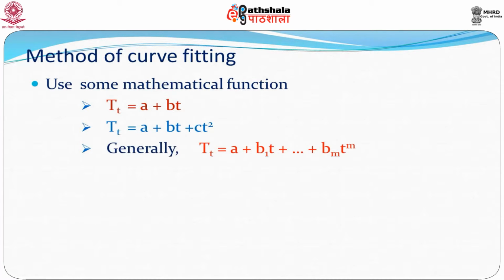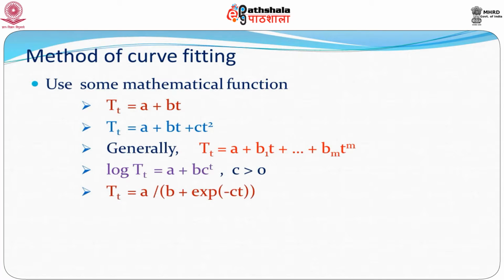To generalize this, we can have a trend which is an mth degree polynomial. So, the first two are special cases with m equal to 1 and m equal to 2. As opposed to this, we can have an exponential or a modified exponential trend curve. We can have a logistic trend curve. So, there are various types of mathematical curves that we can use.